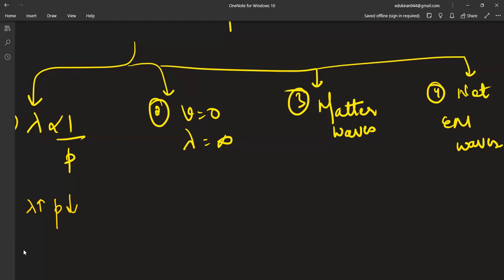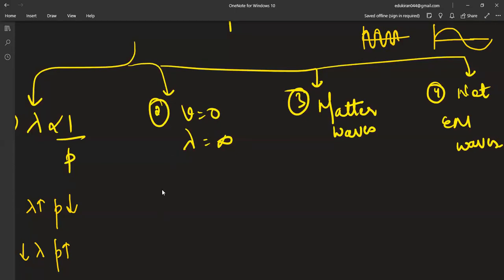If you want the wavelength to decrease, you have to increase the momentum so that the wavelength that is being produced reduces. If the speed is low, this is how the waves are constructed, so the wavelength becomes longer.